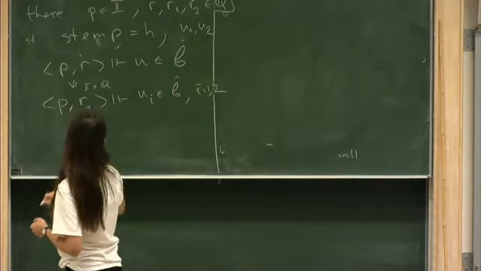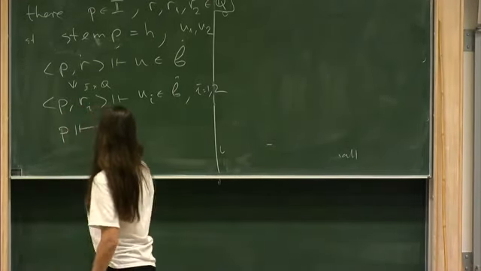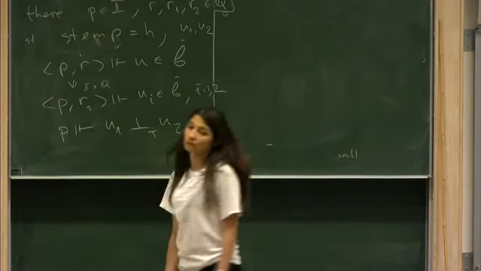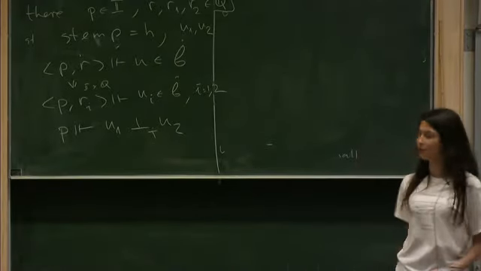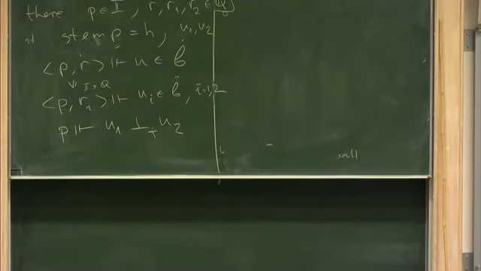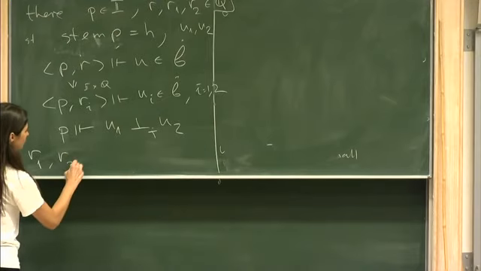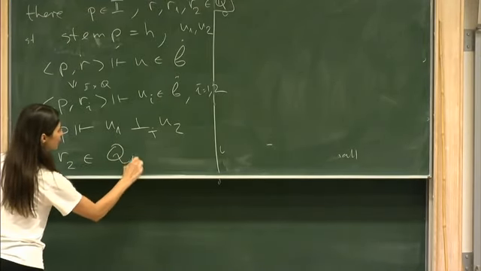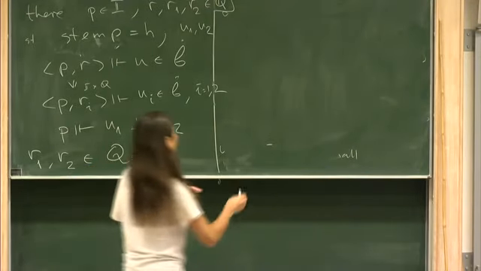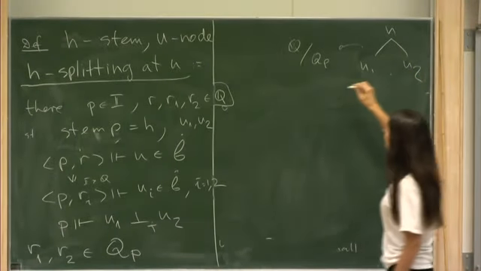And p forces that U1 is incomparable to U2, that will be the splitting, and I want to be in this nice quotient, so that means that I want both R1 and R2 to be in the generic, so now this is script generic Qs of p. So this means if I draw a picture, this means that we have a splitting like that.